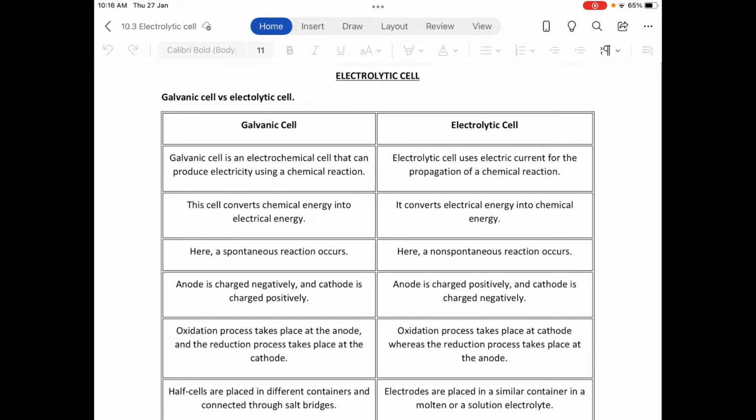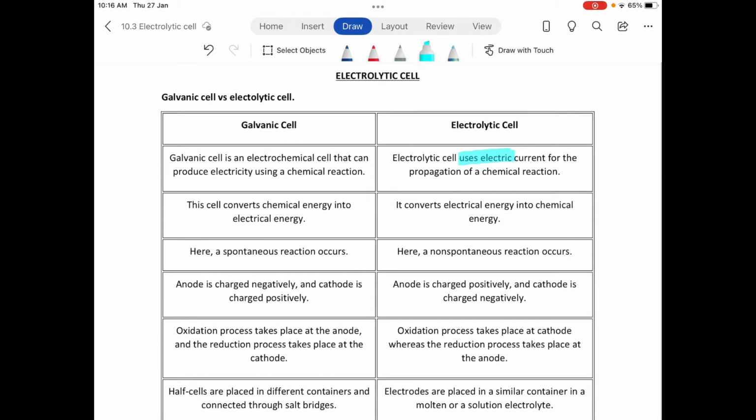If you still remember, we don't need a battery for galvanic cell. But for electrolytic cell, we have to use a battery because electrolytic cell uses electricity. Number two, galvanic cell converts chemical energy into electrical energy, while electrolytic cell is the opposite. It converts electrical energy into chemical energy.